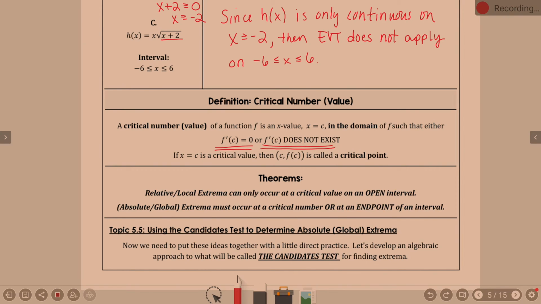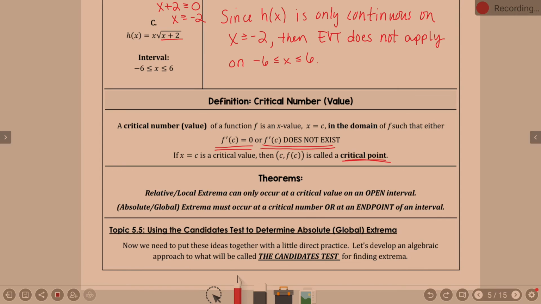And critical values are where my mins and maxes are going to happen, but I'm jumping ahead of myself. So, if a number is a critical value, either the derivative equals 0 at that point, or the derivative did not exist at that point. Those are your two options there, and we're going to talk about that. So, at that point, it is a critical point.